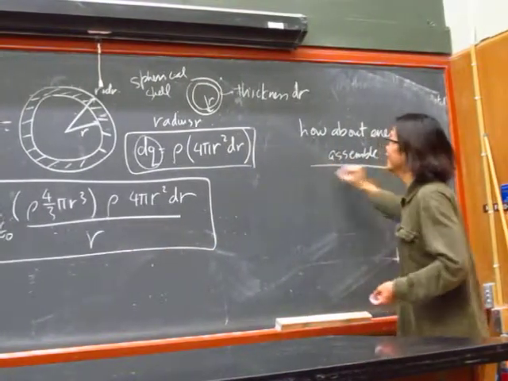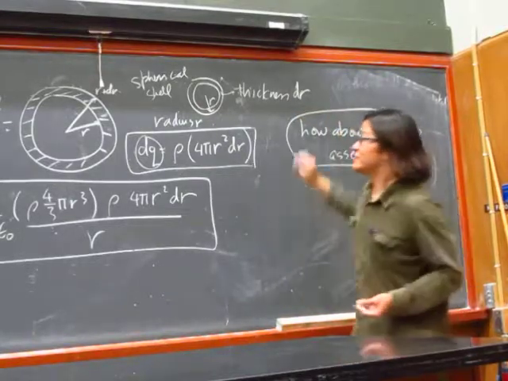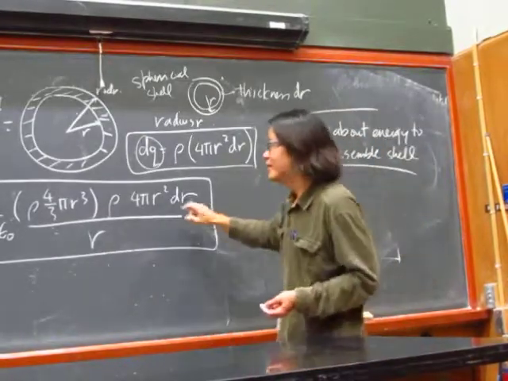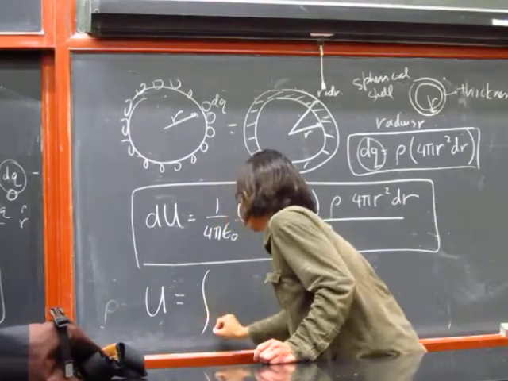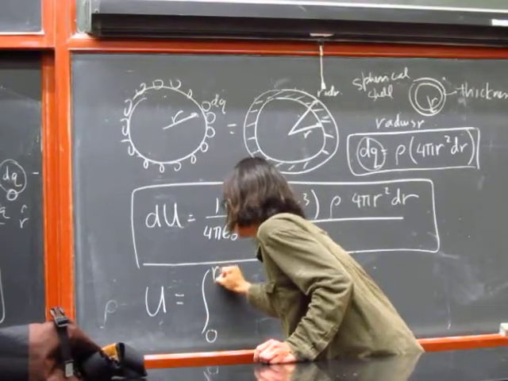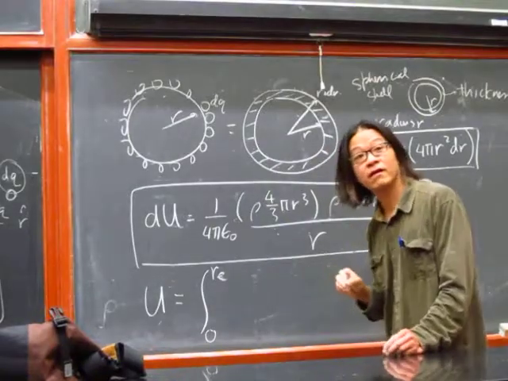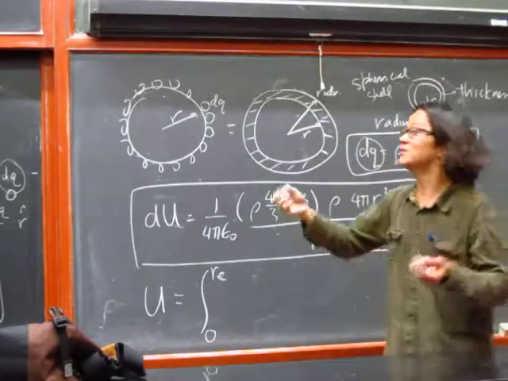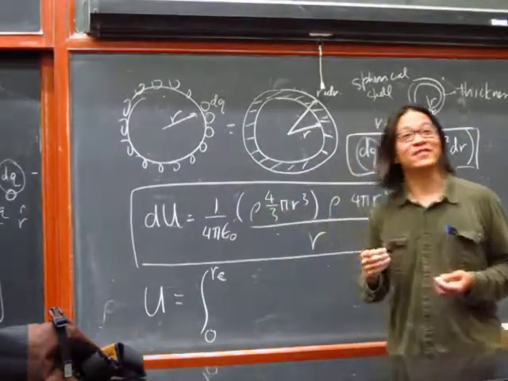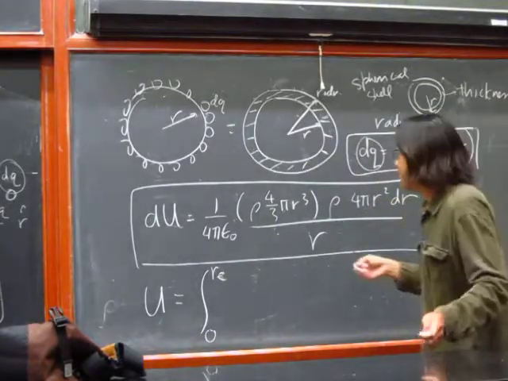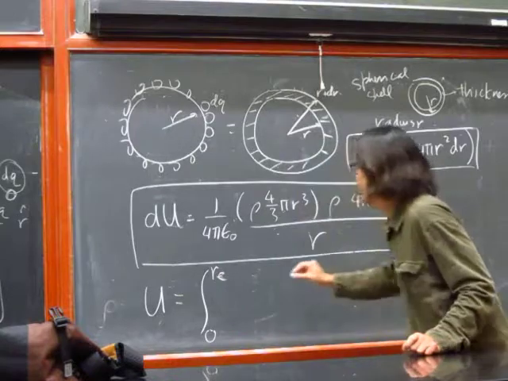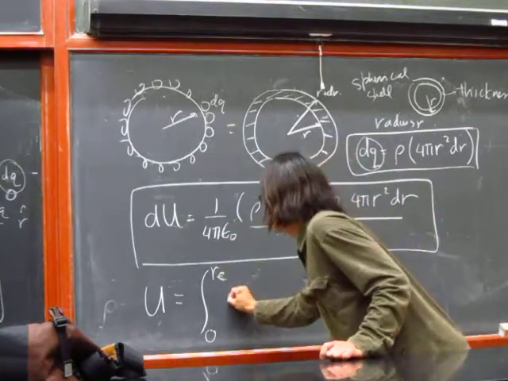That's an aside for now, but suppose we can ignore that, then to find the total energy, all I need to do is integrate from 0 to RE, which is the radius of the positron. The reason I'm using a positron is because I don't have to worry about negative numbers. A positron has positive charge. So 0 to RE of dU.